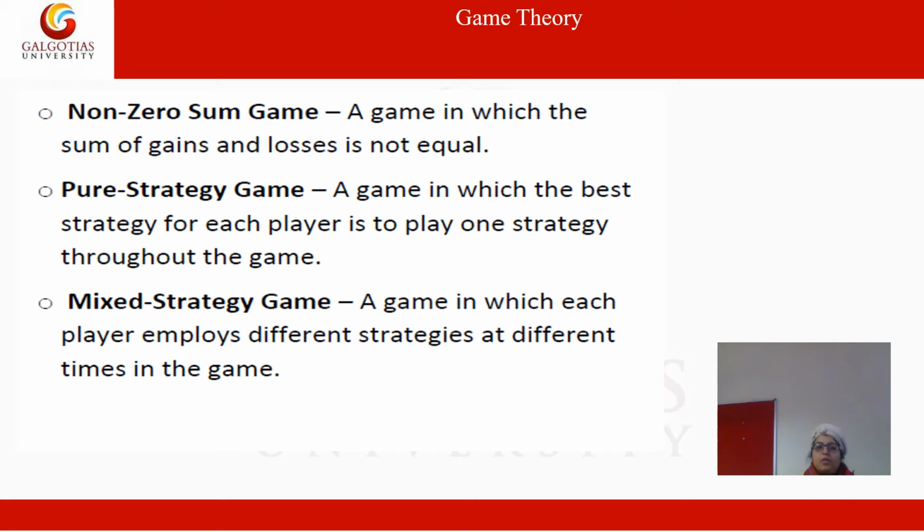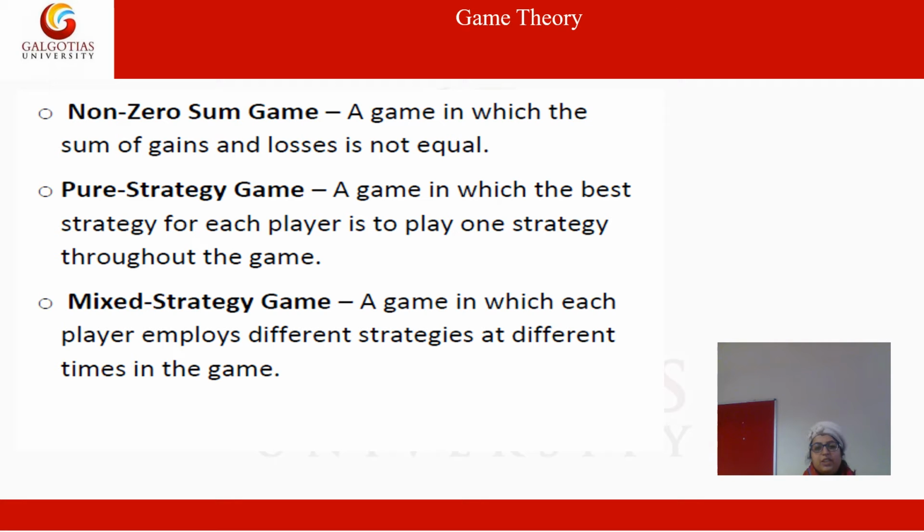The next is the pure strategy game, a game in which the best strategy for each player is to play one strategy. It means one strategy needs to be played throughout the game. The next is the mixed strategy game.